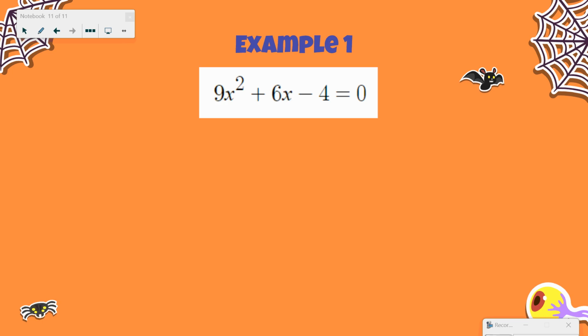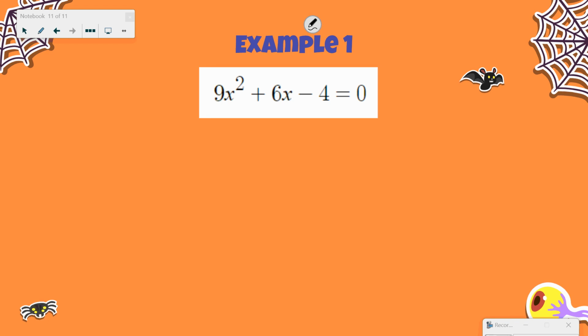All right, so what are you guys noticing about this quadratic equation? There's some things we should notice from the beginning. What do you see, Yoga? Oh, there's a coefficient for the x squared. What is that coefficient? 9, okay.